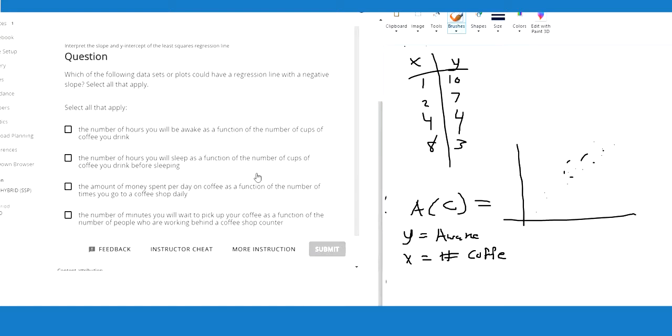So second part here, the number of hours you will sleep. So sleep as a function of the number of cups of coffee you will be drinking. Okay, so this is the function notation. In other words, y is the number of hours you're sleeping, and x is the number of coffee cups.